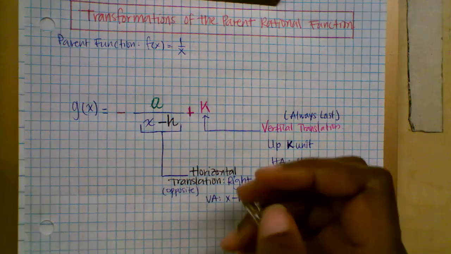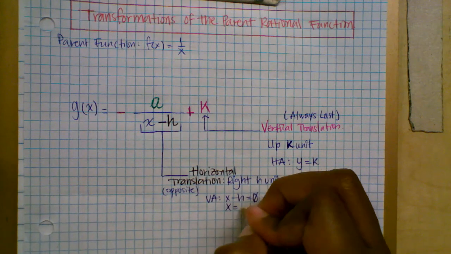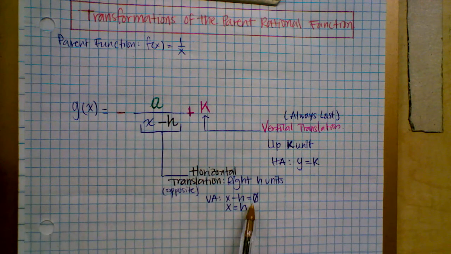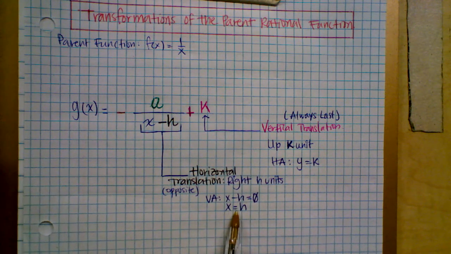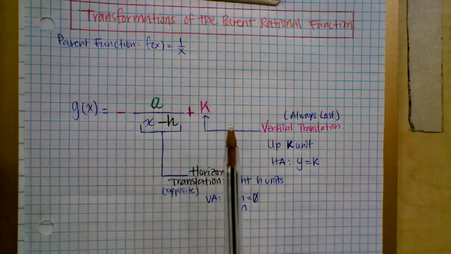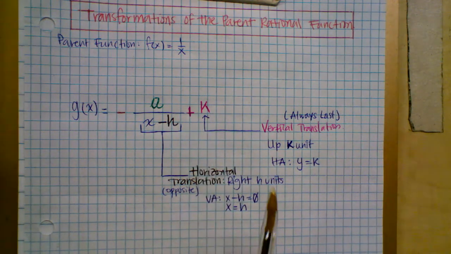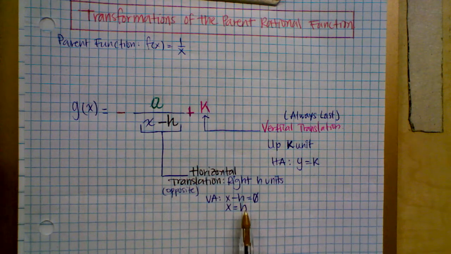To get x alone, you add h on both sides, so the vertical asymptote is x equals h. The vertical asymptote is a vertical line that cuts the x-axis at a given value, which here is h.